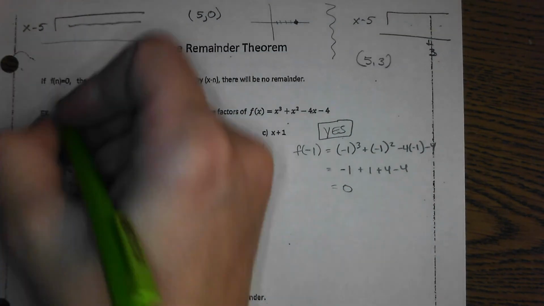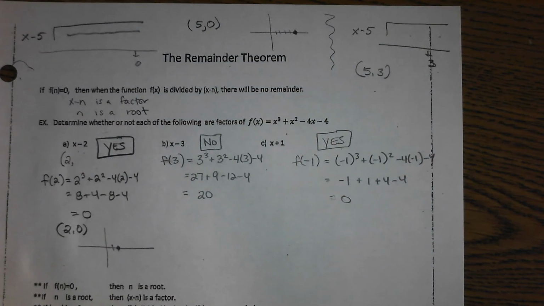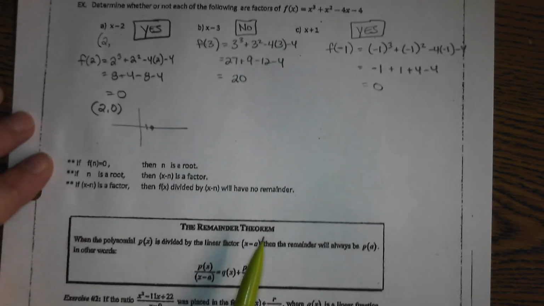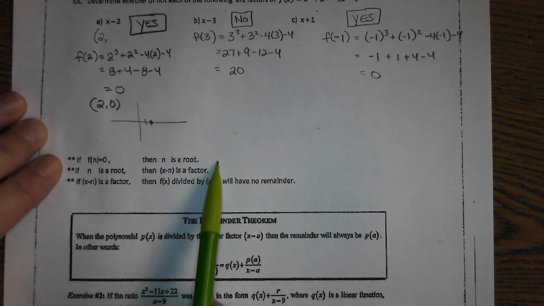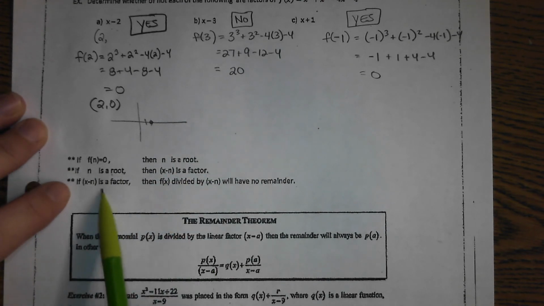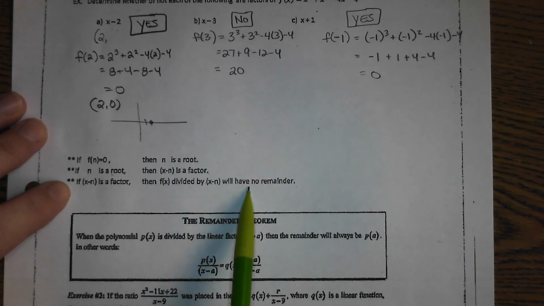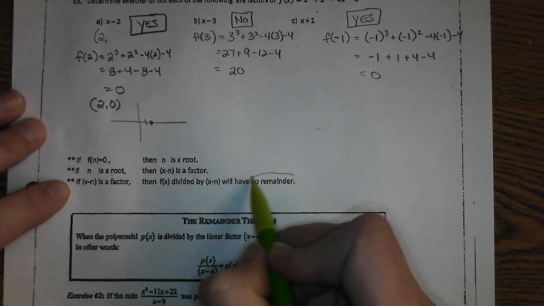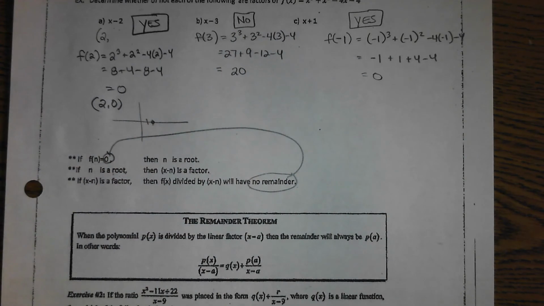You could say that n is a root. And that's really what this section says. If f of n is 0, then n is a root. If n is a root, then x minus n is a factor. And if x minus n is a factor, then f of x divided by x minus n will have no remainder.